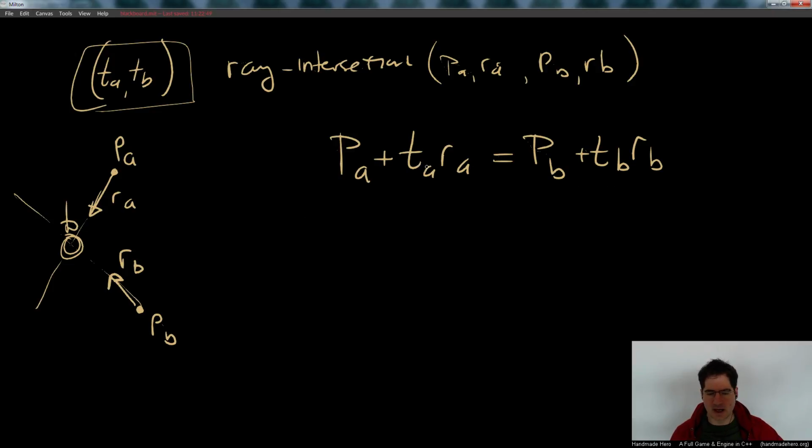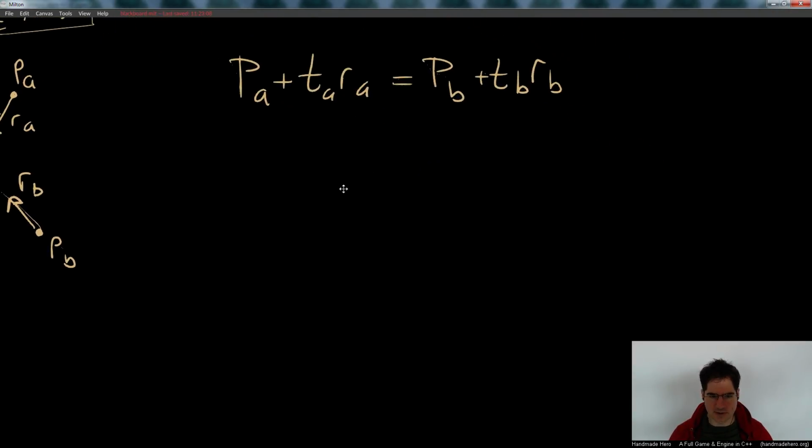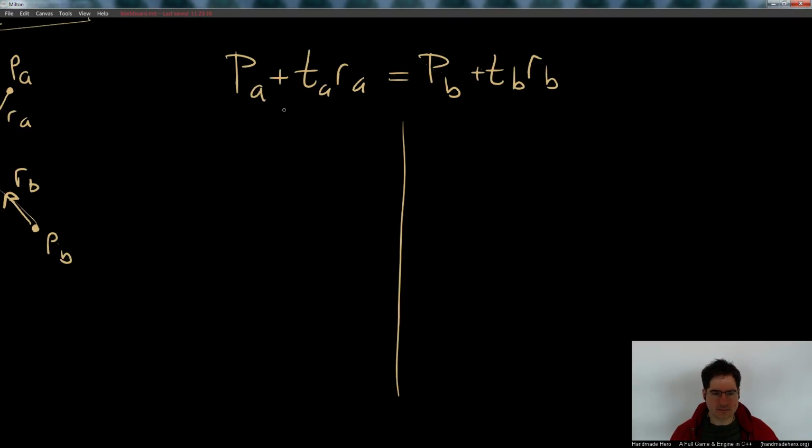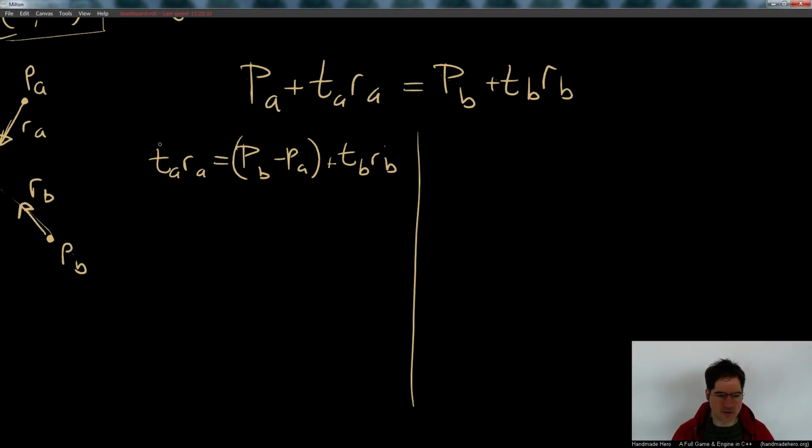So in this case, if we take this and solve it for, say, TA, we would get TA RA equals PB minus PA, plus TB RB. And then we want to solve again for TA.